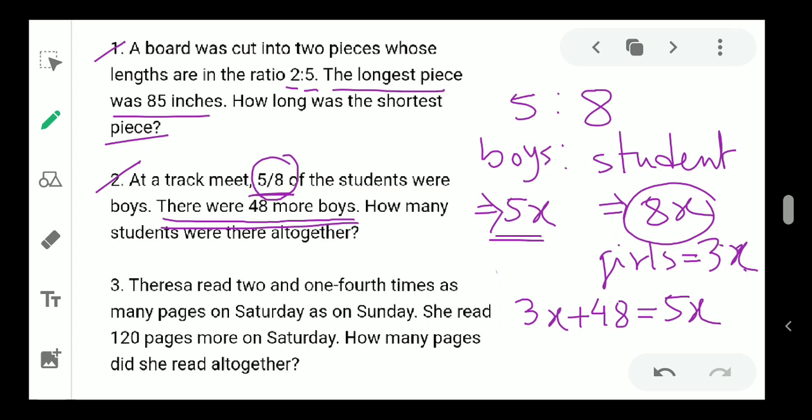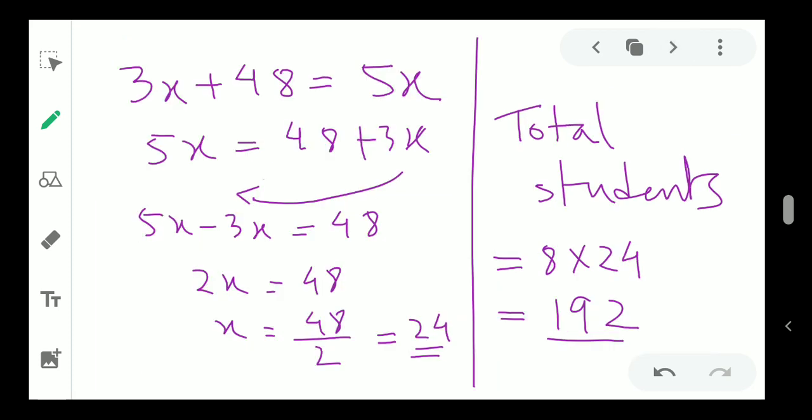Then I created a condition, that the number of boys is 48 more than the girls. This question was not clear, something is missed here, but we have solved it and gotten the answer. So this was the math.